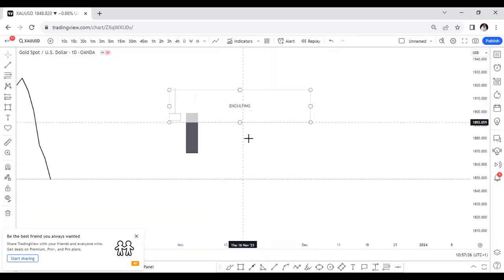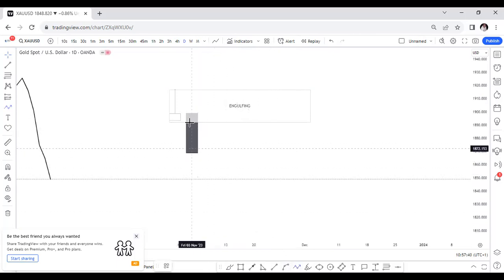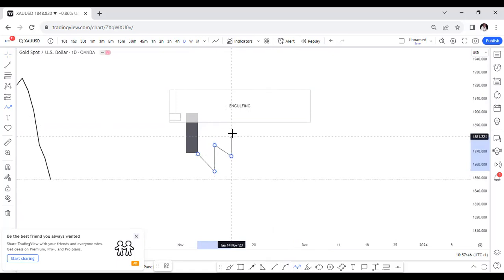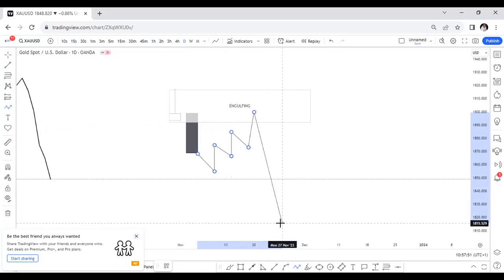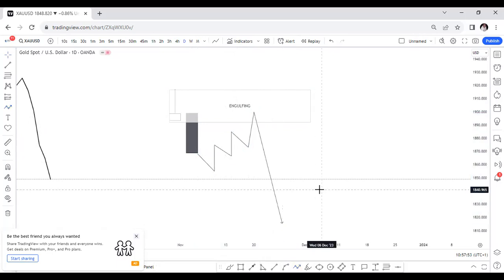We are looking for price, because this is a displacement from this zone downward, to go up and take orders from the zone and then move down. If you want to sell, you must sell from the zone, not here.